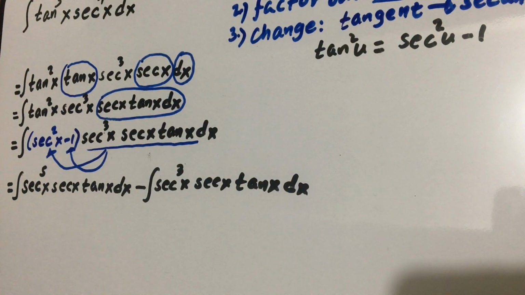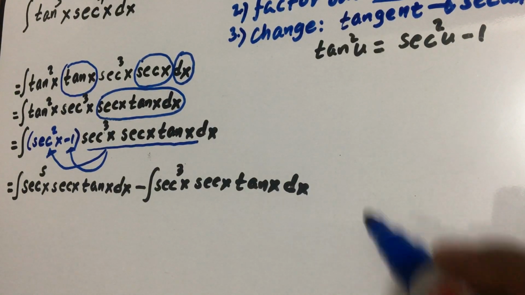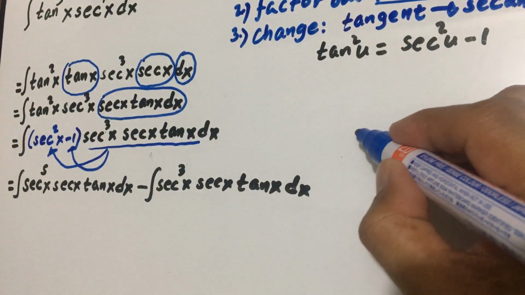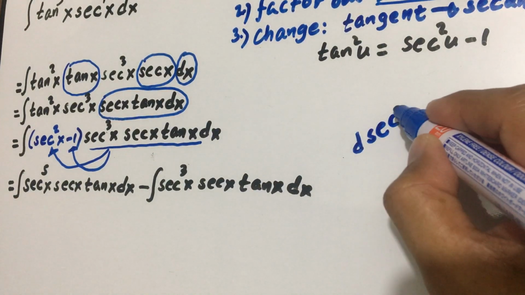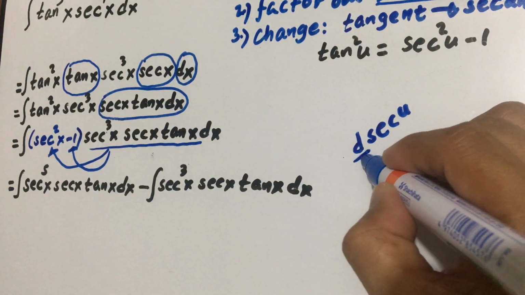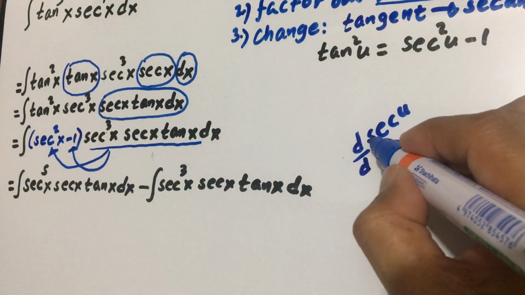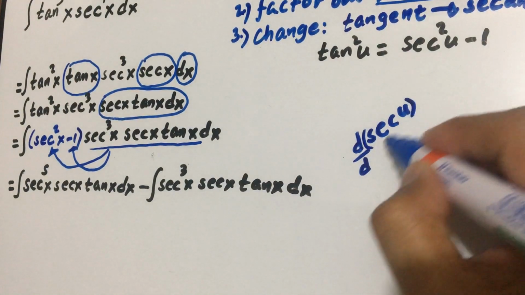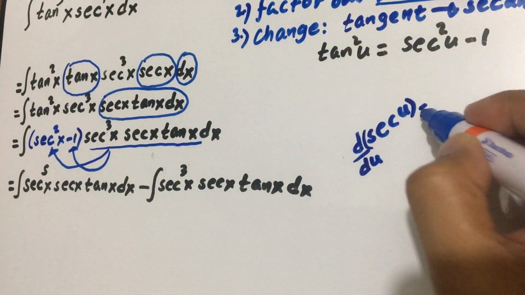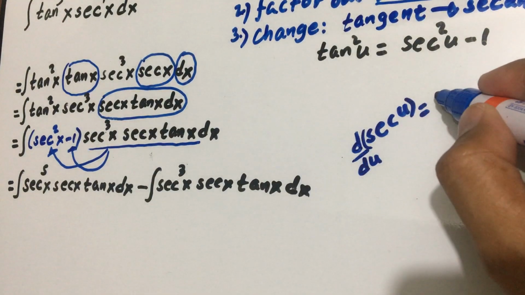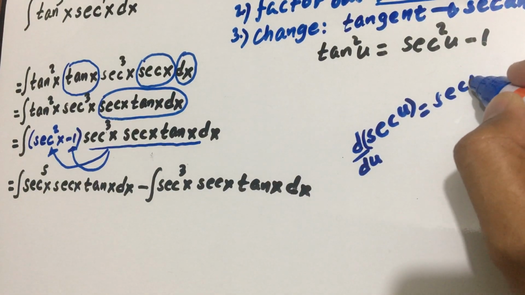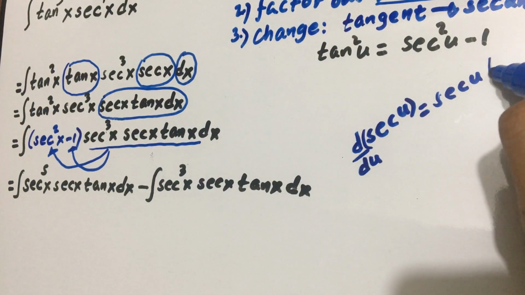If we recall from our differential calculus, the derivative of secant u with respect to u is equal to secant u tangent u.